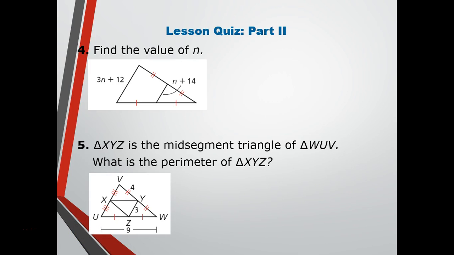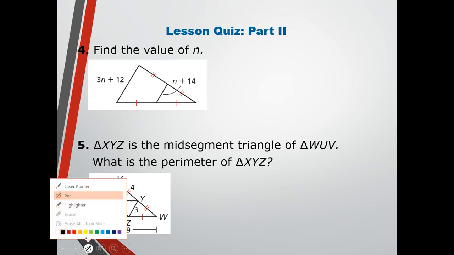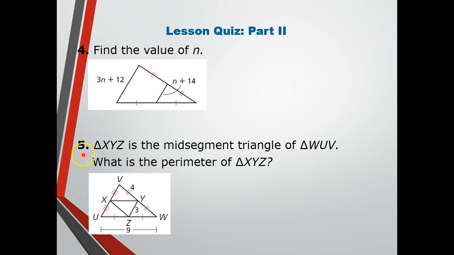And I will tell you on number 5 here, let me get my little laser pointer out. On number 5, it says triangle XYZ is the mid-segment triangle of triangle WUV. What is the perimeter of XYZ?